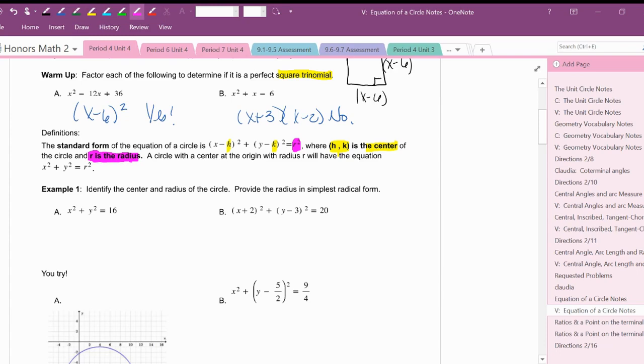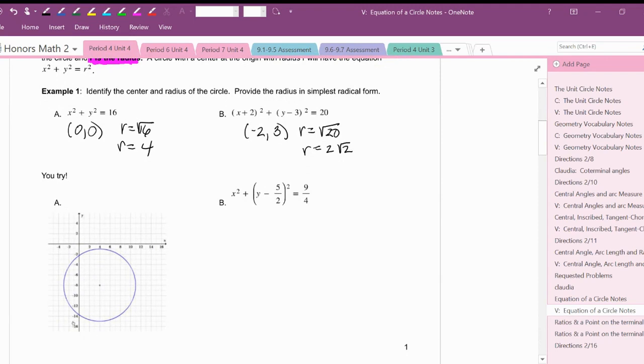And if we have just an x squared plus a y squared equals an r squared, then we know the center is at the origin. So the first one we could do pretty quickly. Our center is at the origin, and our r is going to be the square root of 16, or 4. Here our center is at negative 2, comma 3. R is the square root of 20, but we would simplify that to 2 square root 5.